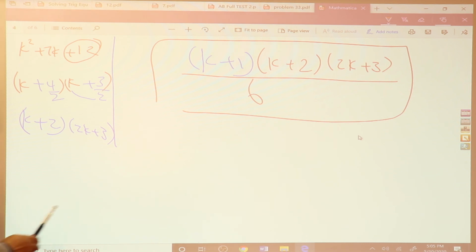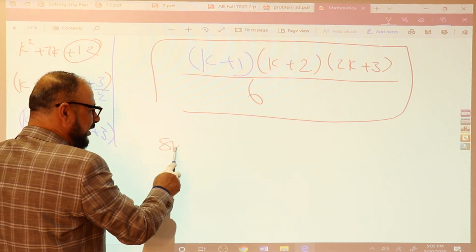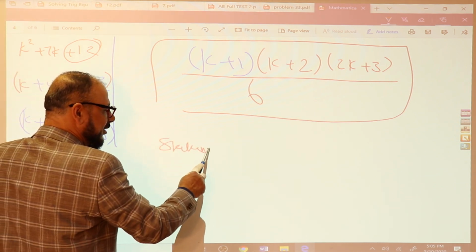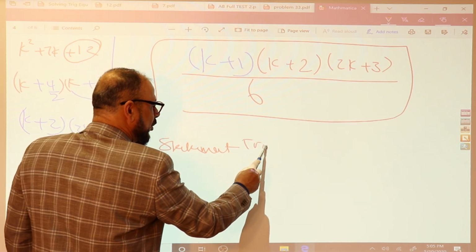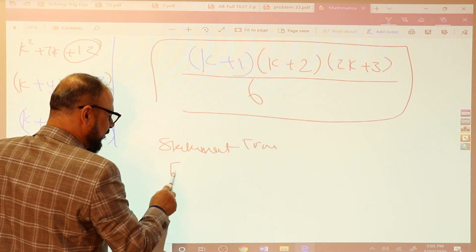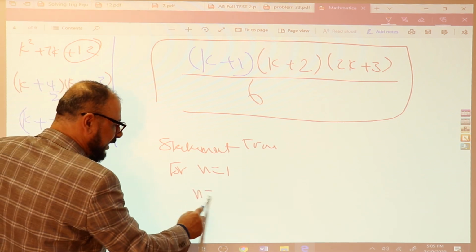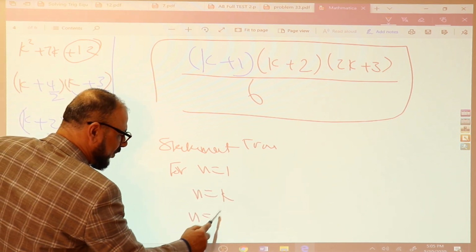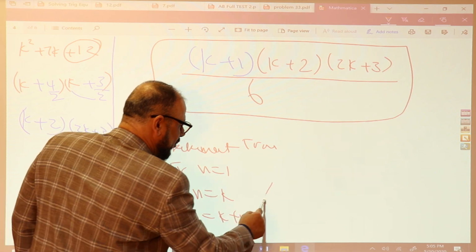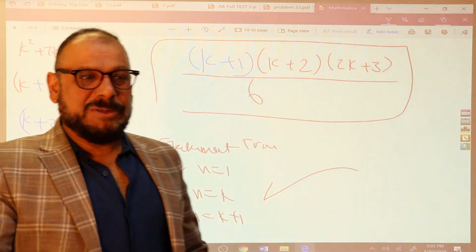Then the statement is true for n equals 1, n equals k, and n equals k plus 1.